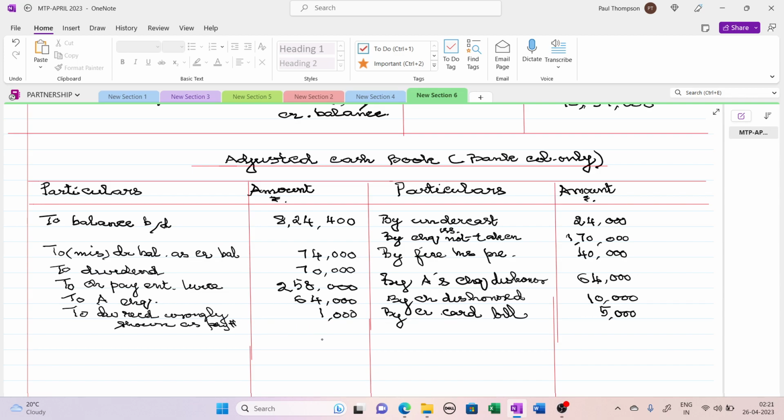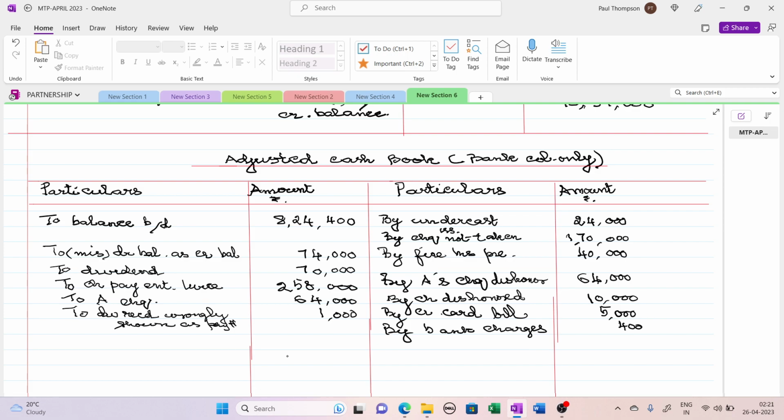The last one is bank has debited a bank charges of 400. That I should record in my cash book by bank charges 400. So now what we have to do? We have to add and find out the balancing figure.